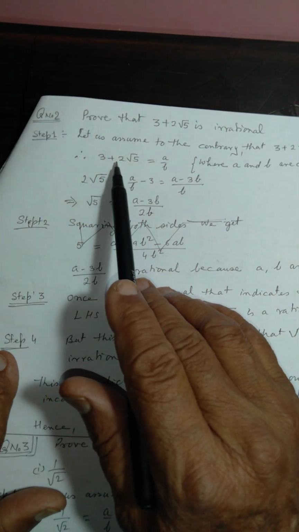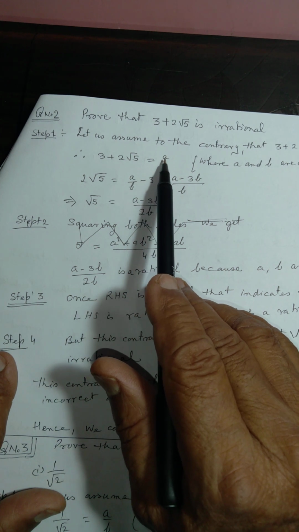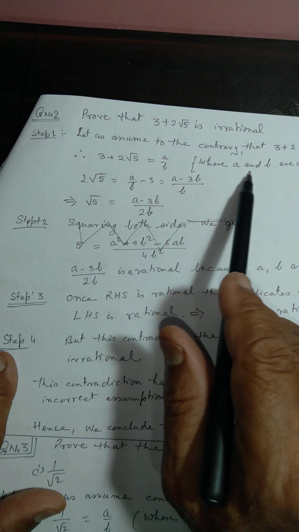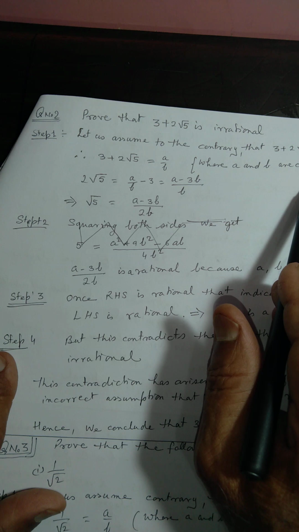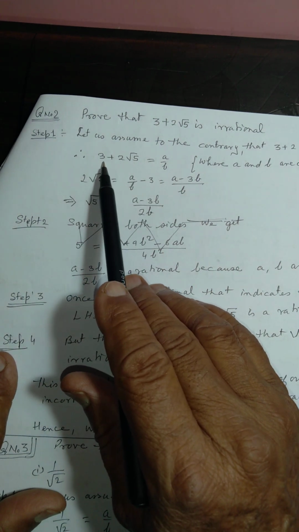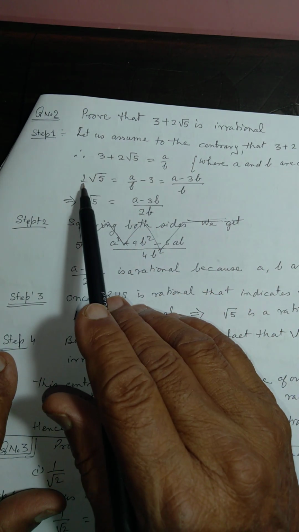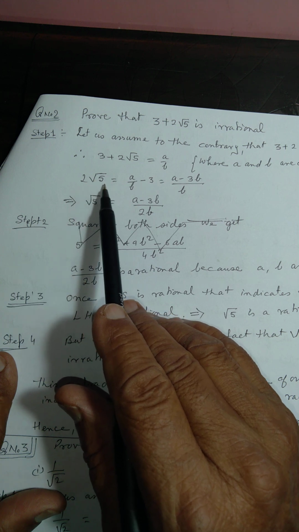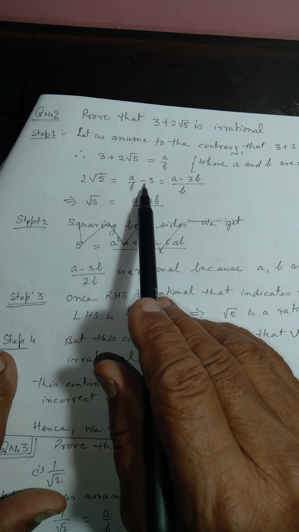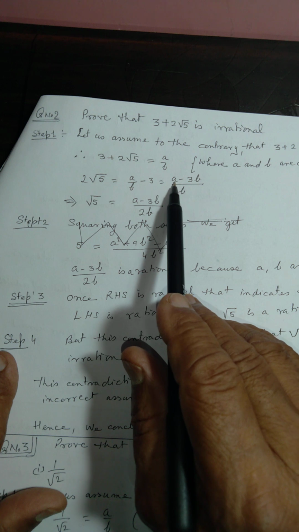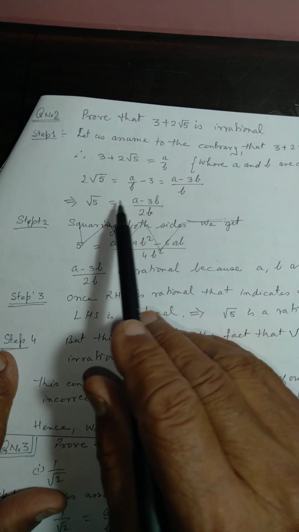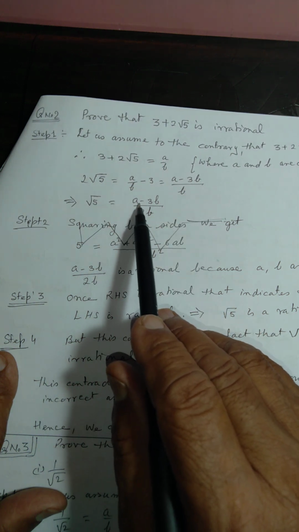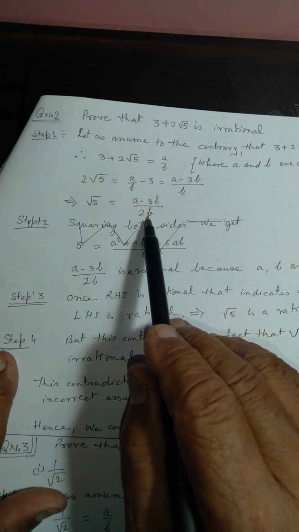Therefore 3 plus 2 root 5 equals a by b, where a and b are co-prime. Transpose this 3 to this side, so we get 2 root 5 equals a by b minus 3, and solving it, a minus 3b by b. Root 5 is equal to a minus 3b by 2b.